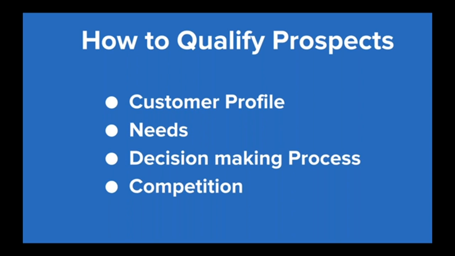So take the extra time up front and qualify prospects the right way. Here's a quick guide on how to qualify a prospect. The first one is the customer profile. What this really means is you need to know who you are selling to. You need to understand what the profile of that customer is. Are you selling to SMBs, or are you selling to enterprises? Who is the typical decision maker or group of decision makers?